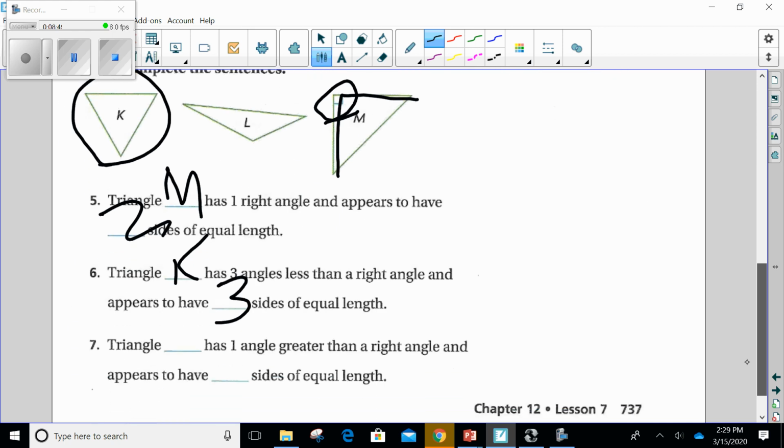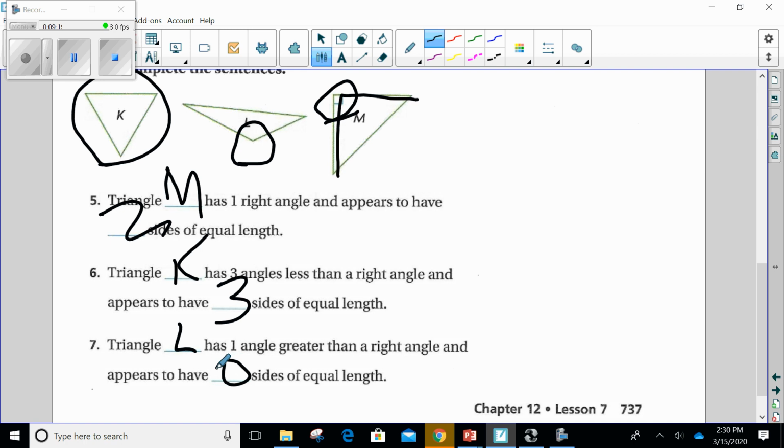Triangle blank has one angle greater than a right angle. There's your obtuse angle right there, your obtuse triangle. So it's triangle L has one angle greater than a right angle and appears to have blank sides of equal length. I don't see any sides that are equal. 0 sides of equal length. So it's a right scalene.